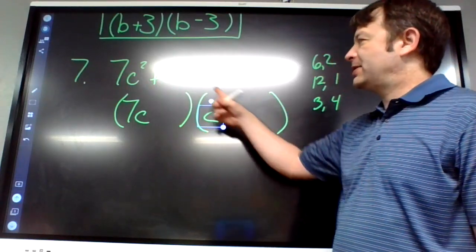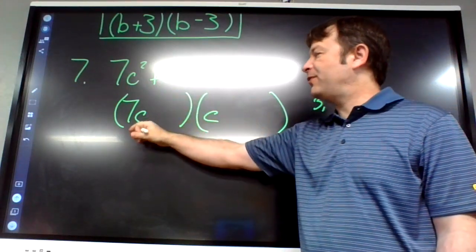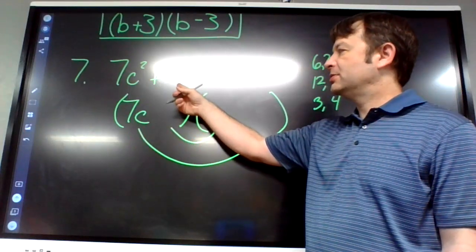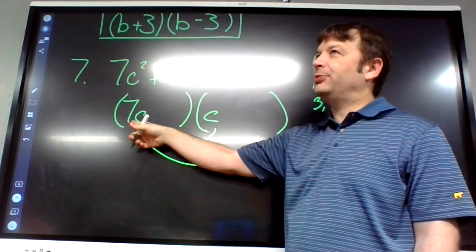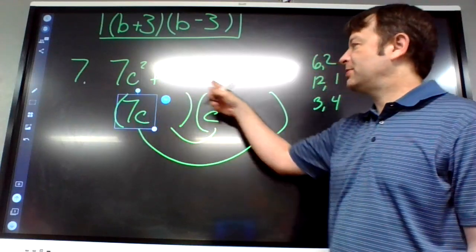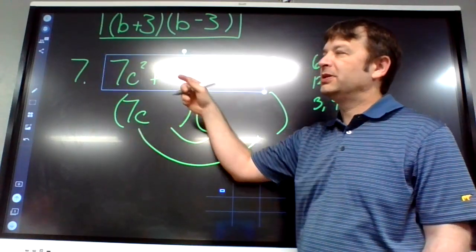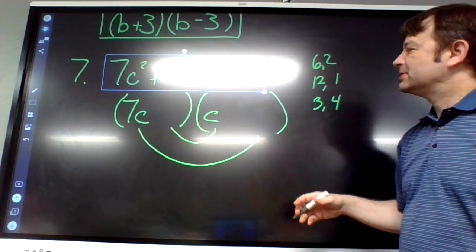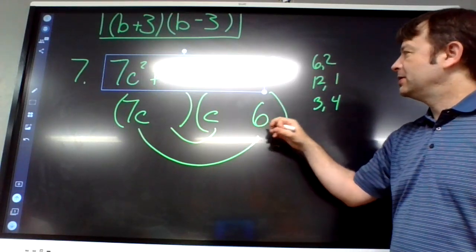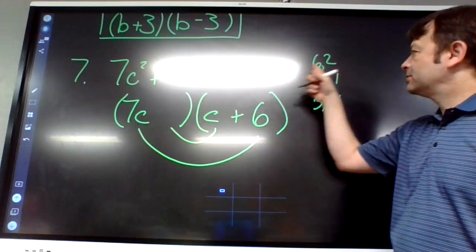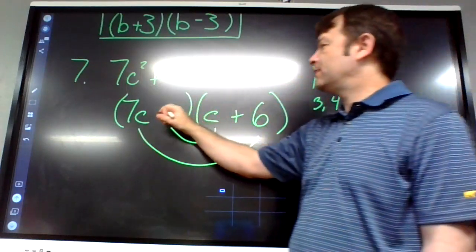Okay, here's the thing. When we FOIL outside inside, it should add up to 44. So what can I join with the 7 to get us close? What should I put here to join with the 7 to get us close to 44? Probably like the 6, right? Yeah. So if I put 6 here, what would I have to put here? 6 and 2, because that makes 12.